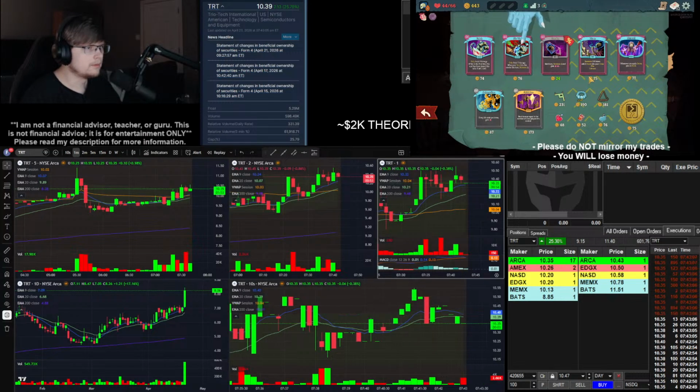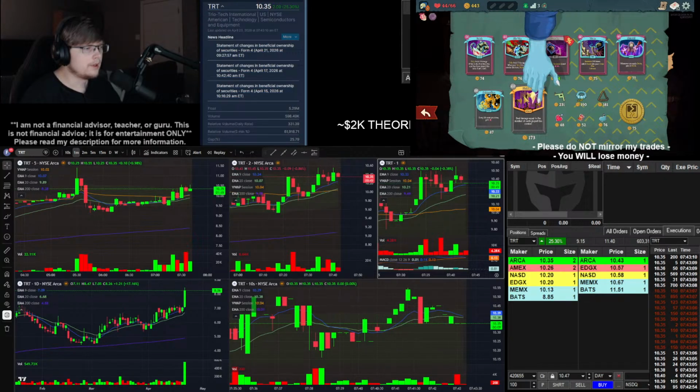Osty build would have worked with that. Deal damage equal to the number of cards played this combat. Kind of interesting.